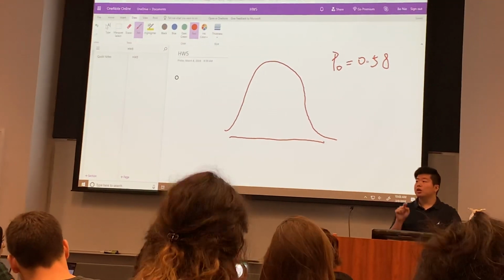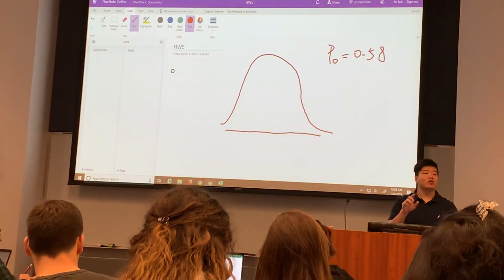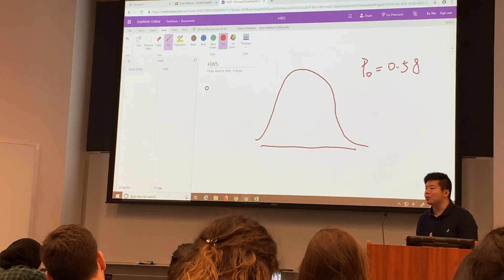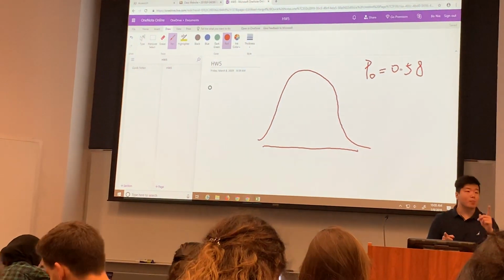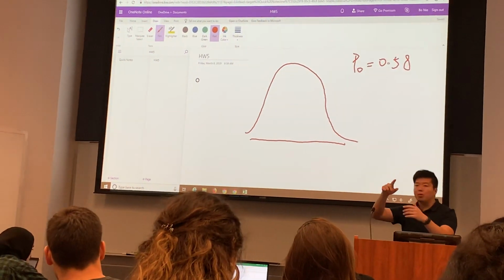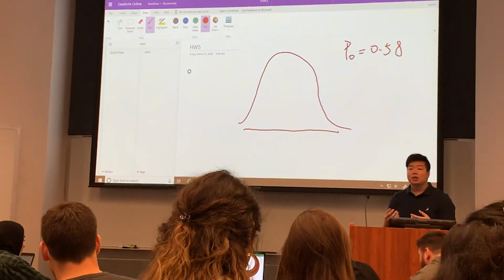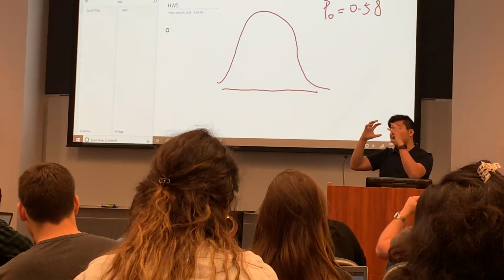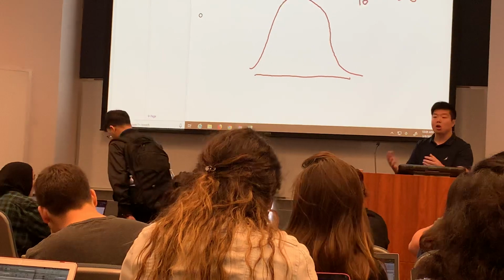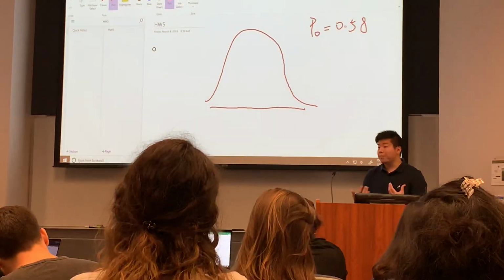This number is always shown in your HA and HO. That is the number you are supposed to subtract by. In our formula, we have X bar minus something on the top, or P bar minus something on the top. The thing behind the minus sign is P null, or mu null, which means this is our hypothesized value.